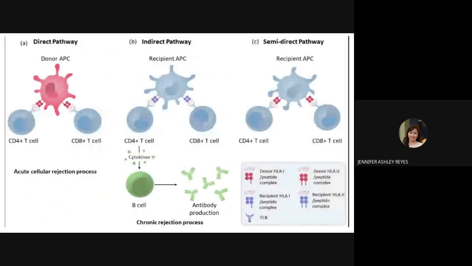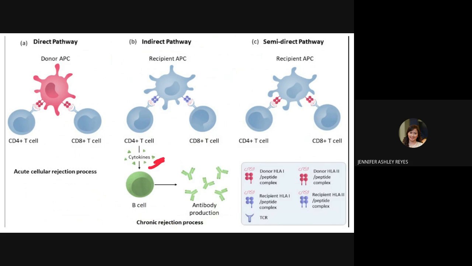Now, this shows naman that our T-cells can also contribute to the chronic rejection process. So the lymphocytes will react against alloantigens in the organ wall by secreting cytokines. Ito, cytokines.